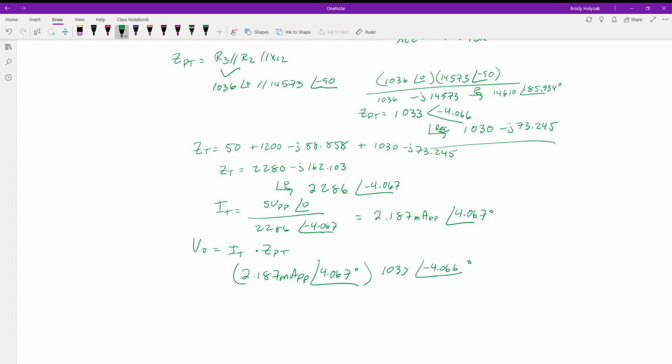This comes out to be 2.187 milli, that's micro, milli, times 1033, and we get 2.259 volts peak to peak at an angle of 0.001. So essentially 0 degrees, a thousandth of a degree. That's not going to matter for what we're doing.